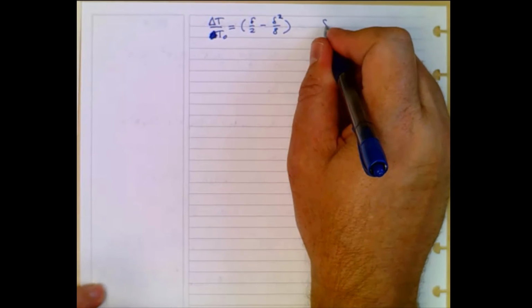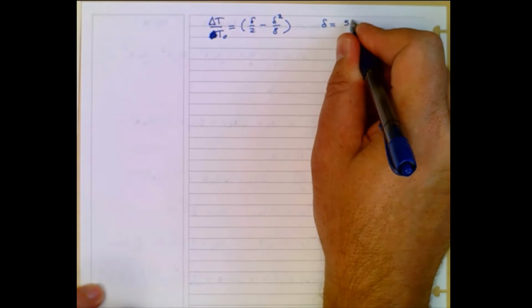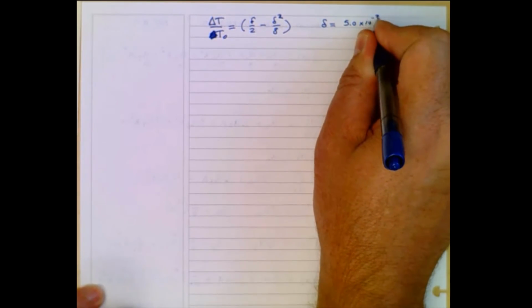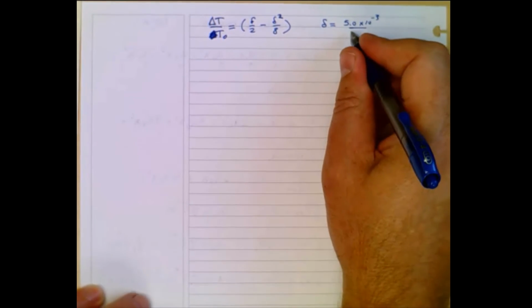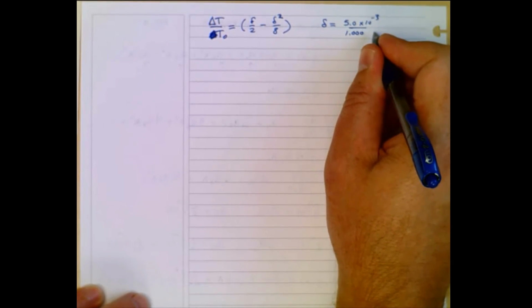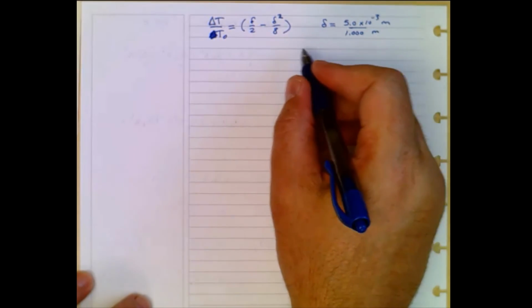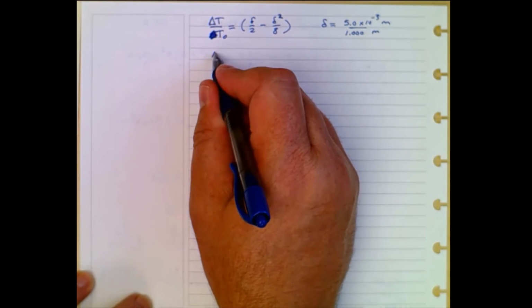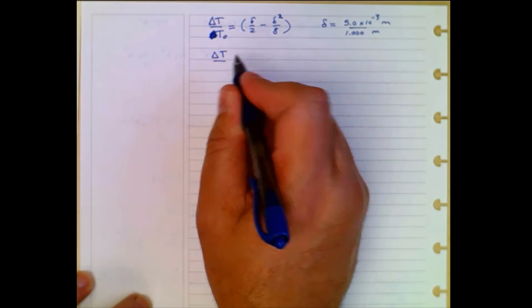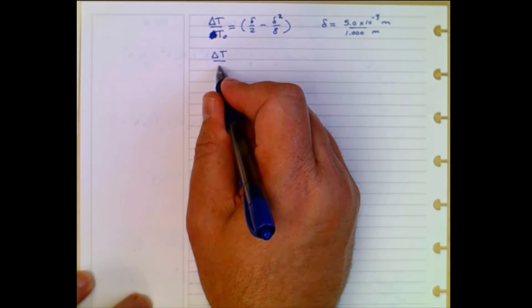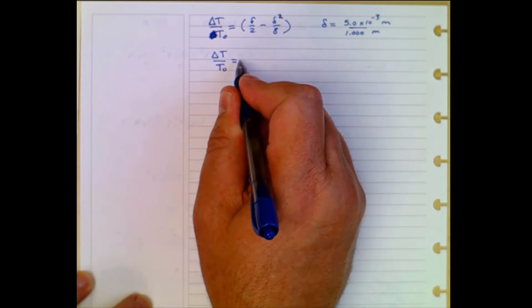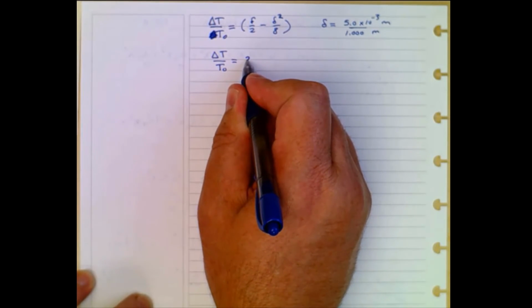Am I right? And delta we decided was 5.0 times 10 to the minus 3 divided by 1.000. Okay? So if I calculate delta over 2 minus delta squared over 8, I'm going to get something very close to what I just got.